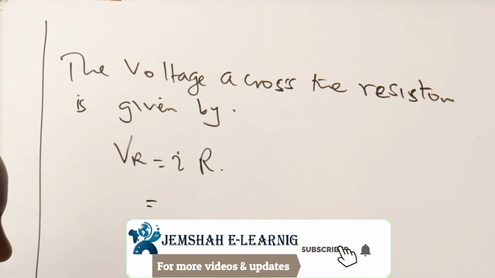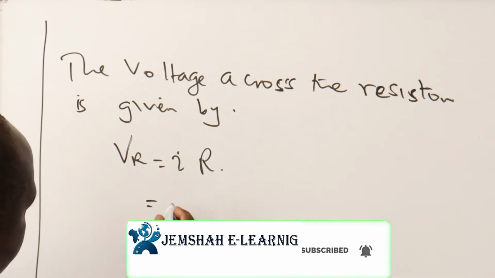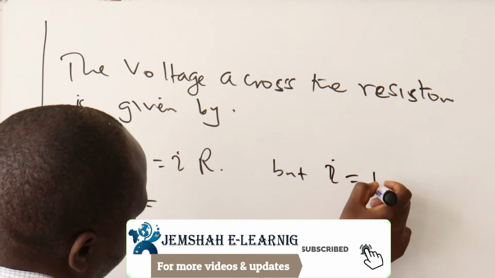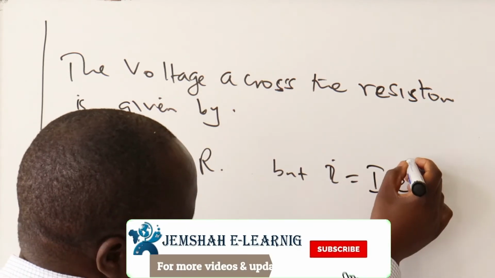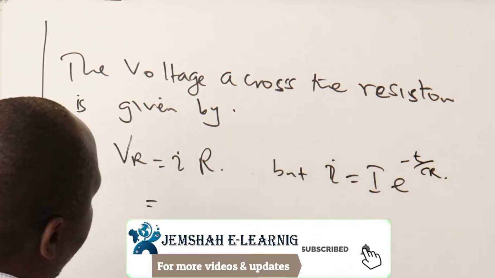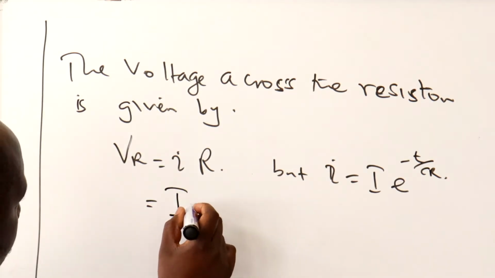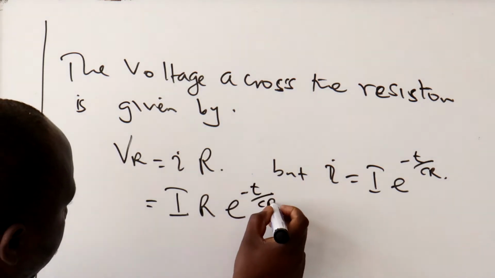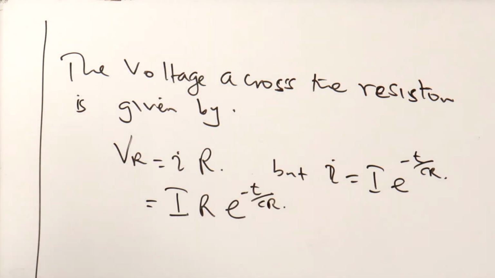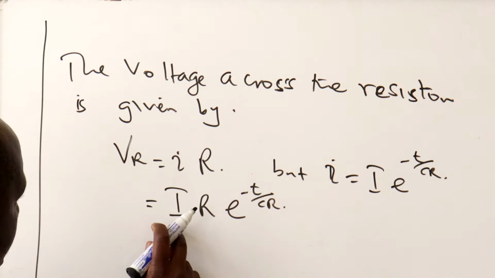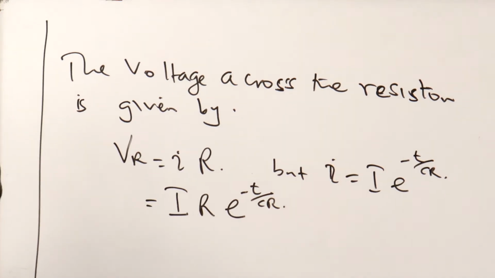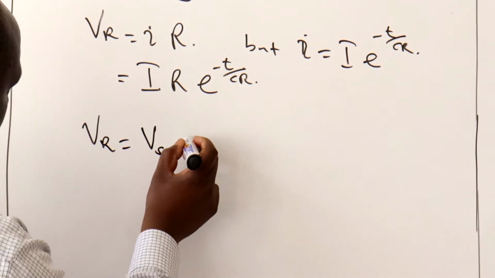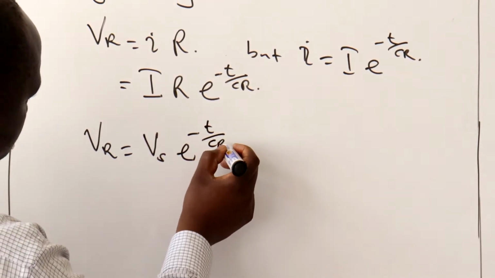But what is our I? I is given by I E to the minus T over CR. We come to the place where we shall have I R E to the minus T over CR. But I times R gives us the VS. Then VR is supposed to be VS E to the minus T over CR.